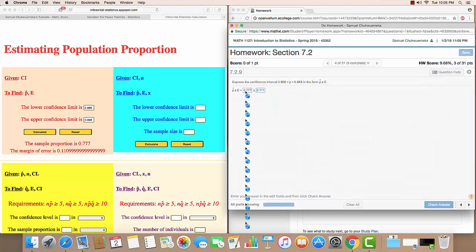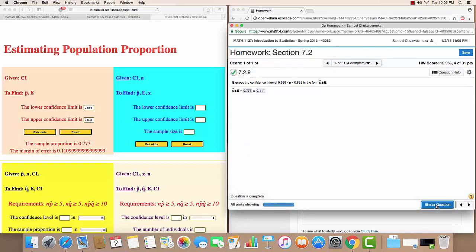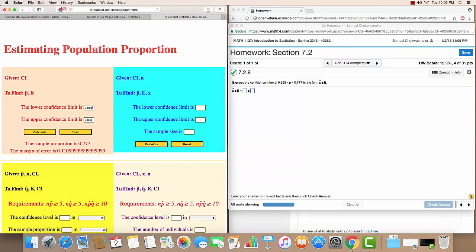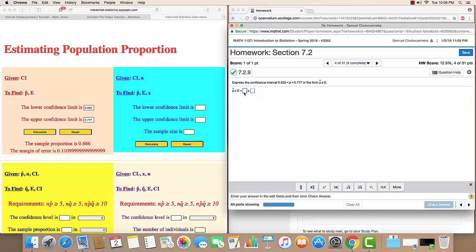Okay, but I'm gonna change it because I don't like the number. So I'll do a similar question again. So 0.555 is just personal to me. I don't like that number. Then 0.777. Ooh, wow. Look at the one it gave me. Okay, I'm gonna do this again.